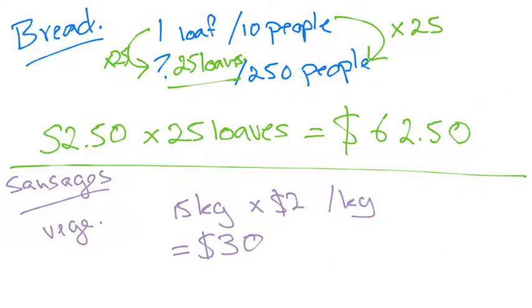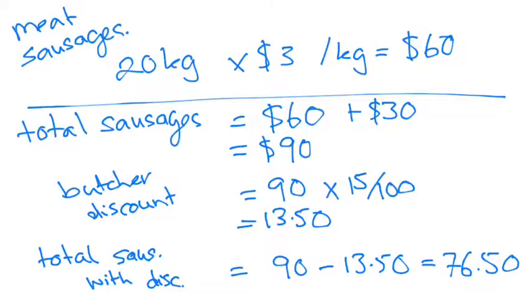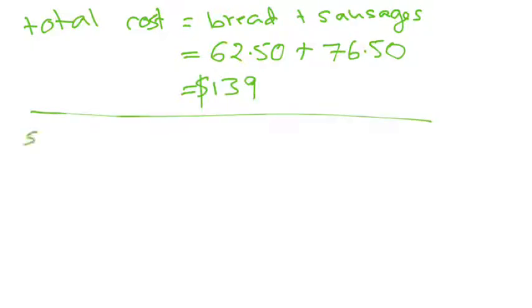So if I go back to here, our bread was $62.50. And our sausages was $76.50. So that will give us a total price of $139. So that's our total cost. Okay, now we need to look at how much the school will pay.